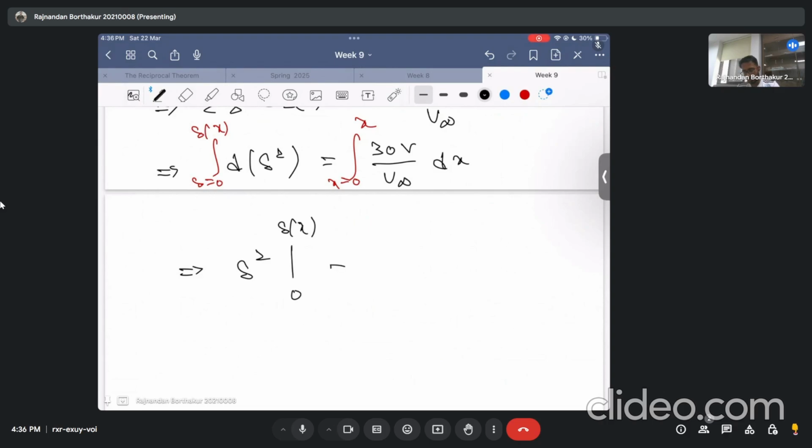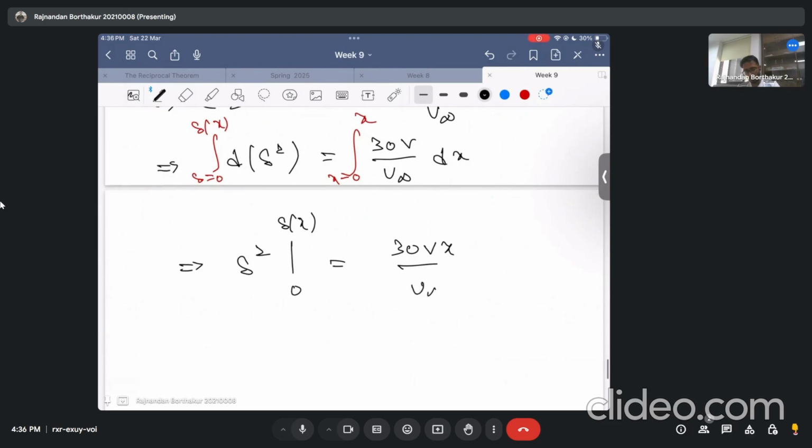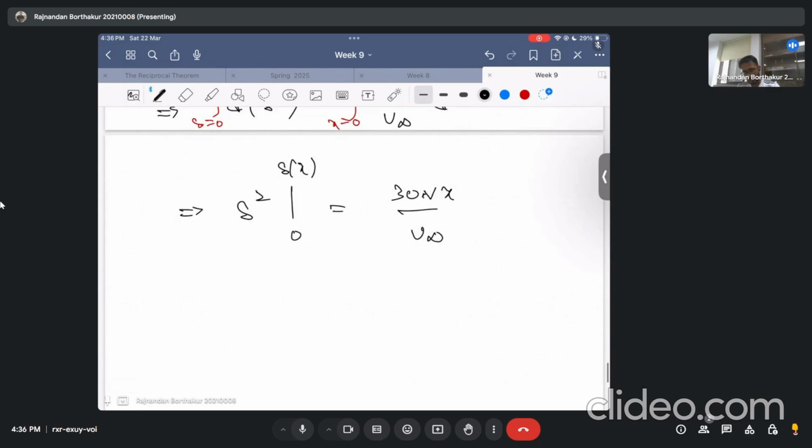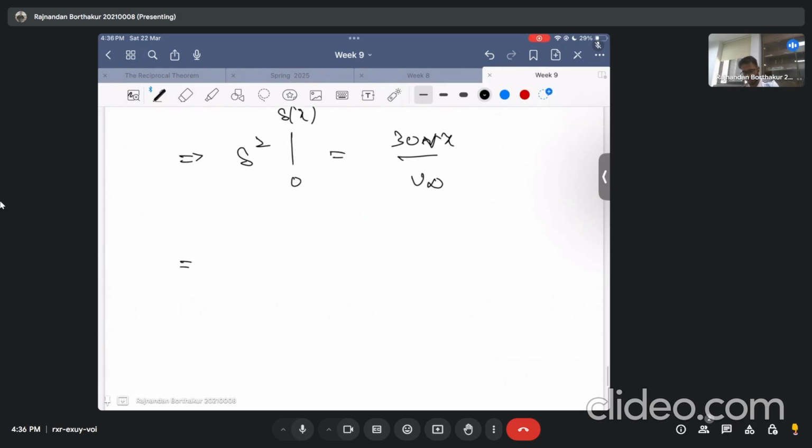And then this would be 30 nu x by u infinity. These are just simple algebra that we are doing. Which means that this now becomes delta as a function of x squared is equal to 30 nu x by u infinity.